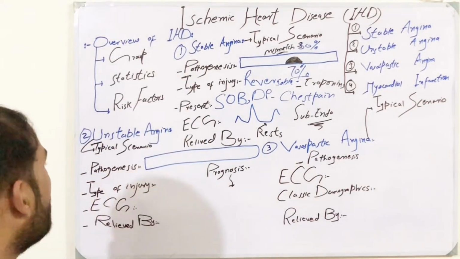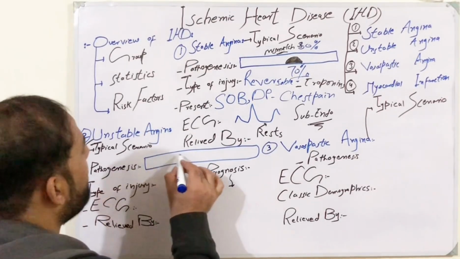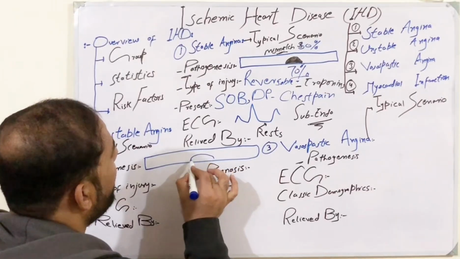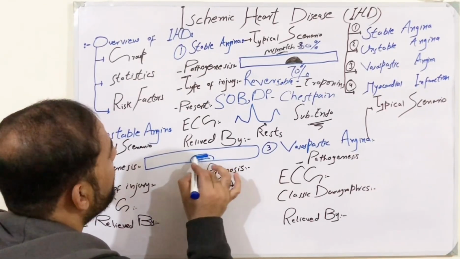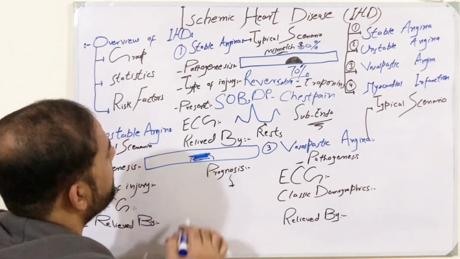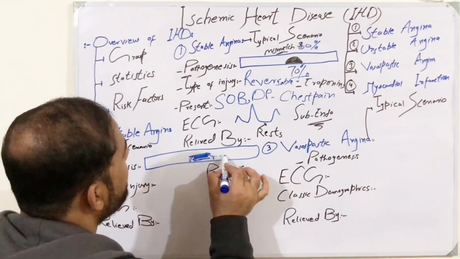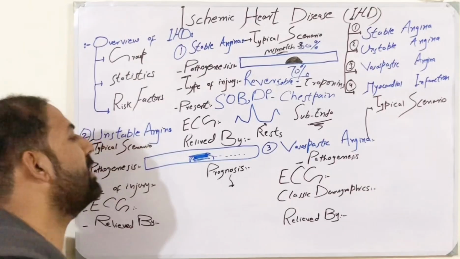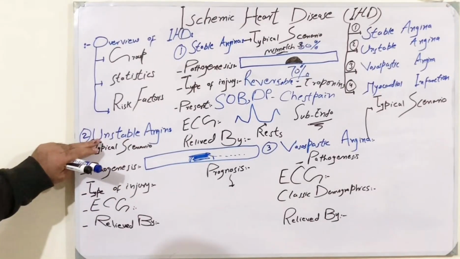Now let's talk about the pathogenesis of unstable angina. Remember, it's the rupture of an atherosclerotic plaque with a fibrofatty cap. This atherosclerotic plaque might rupture, and this rupture might block the distal portion of the coronary vessel, which can cause unstable angina.